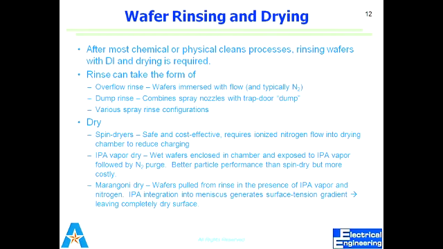So why do we do so? Because we don't want the contaminations removed by the DI water in the rinsing process to stick to the wafer again if they stay in the DI water. So, as the name shows, in overflow rinse we have the chamber, we dip the wafers in, and after that the DI water is overflowing, so new water is coming in, and from the bottom of the chamber the water is going out.